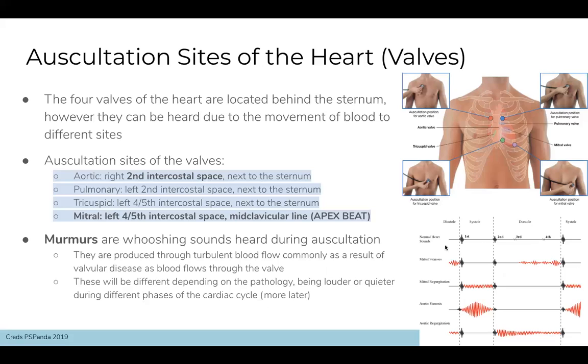So yeah, it all depends. You see mitral stenosis, mitral regurgitation, aortic stenosis, aortic regurgitation, and they all have different sounds. I'll quickly mention that stenosis is when your valve is stuck so it can't open enough, and regurgitation is when it's too floppy and just kind of flaps around.